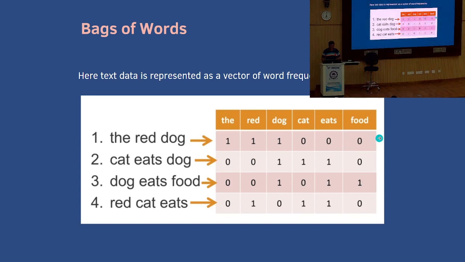So in that way we get the vector 1 1 1 0 0 0, and for cat eats dog we get the vector 0 0 1 1 1 0. So now we get a vector from our text data, and we can use it in our ML model. But as I said earlier, it's a very basic algorithm. It is used in search queries when we have to find a particular word in a sentence.